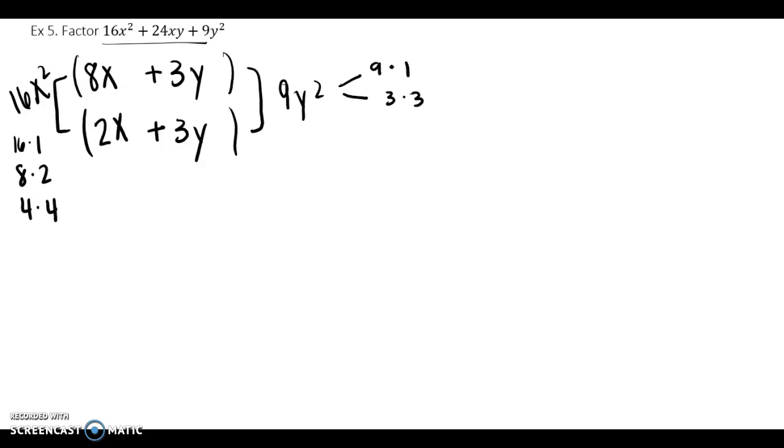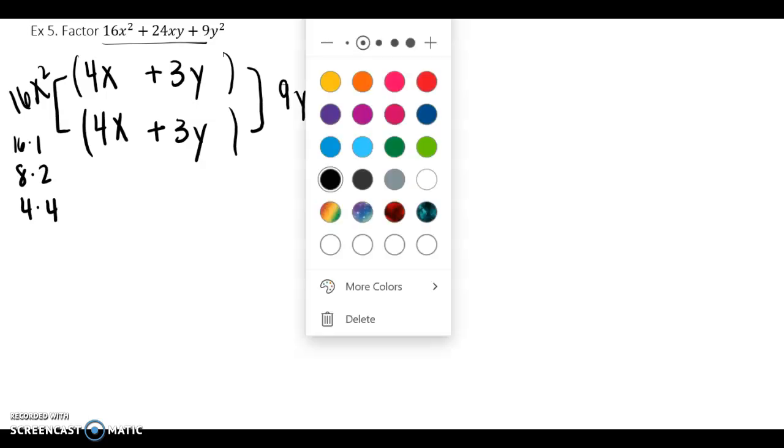So let's go ahead and try 4 and 4. Because with the numbers 8 and 2 and 3 and 3, that was too high because I got a number higher than 24, so I'm going to try getting smaller numbers now.